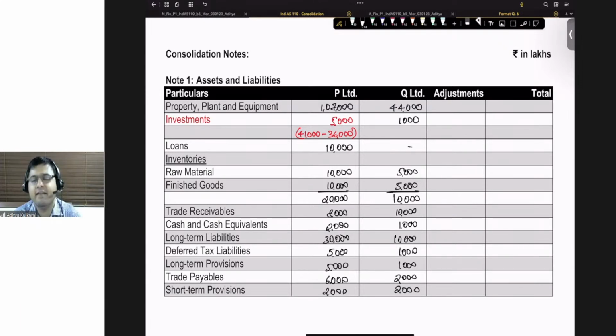And also I will be adjusting the equity capital of the subsidiary against that. So that is why we take only the investments outside and we eliminate the investment in the subsidiary. Cash, I told you why it is already 2,000. Okay, so I hope that it is clear.